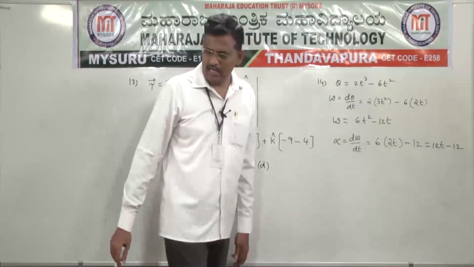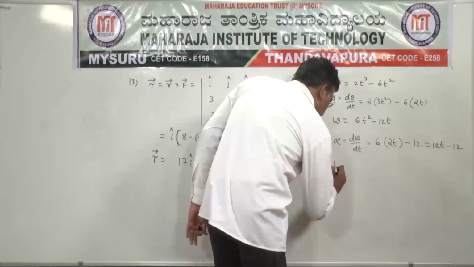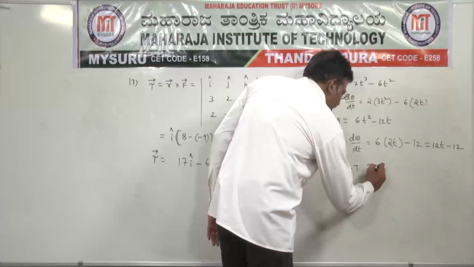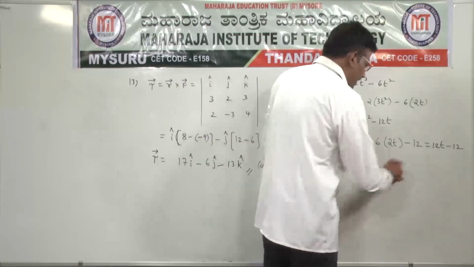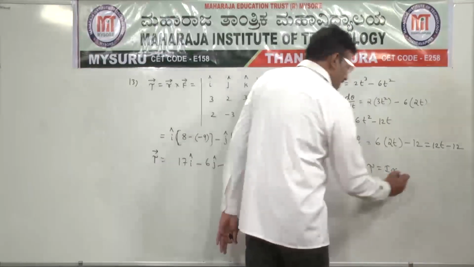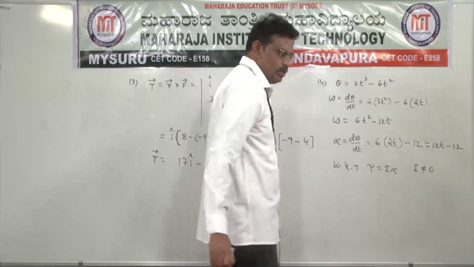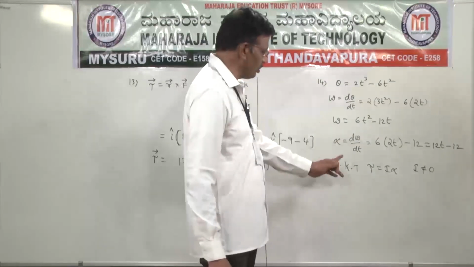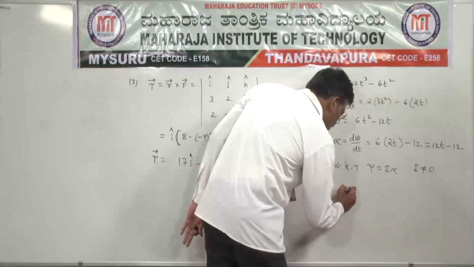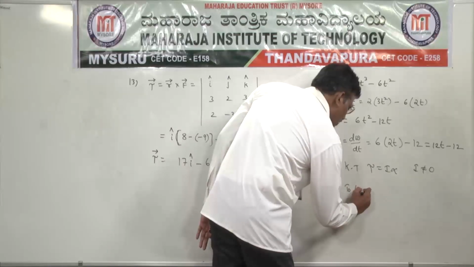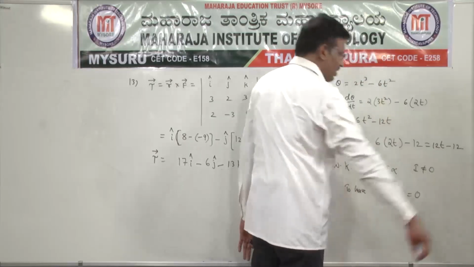Our question is, at what time does torque become 0? We know that torque tau is equal to I alpha. Tau should be 0 only when alpha is 0, because I, the moment of inertia, is never 0. So to have 0 torque, alpha must be equal to 0.